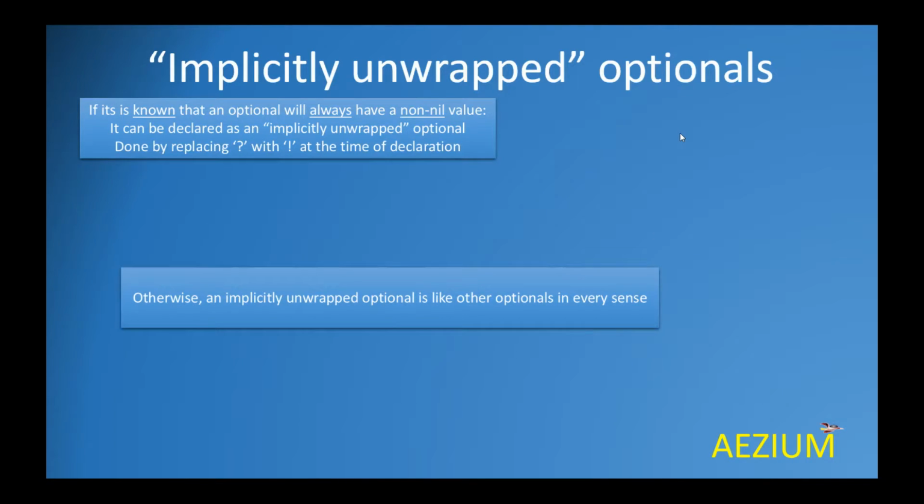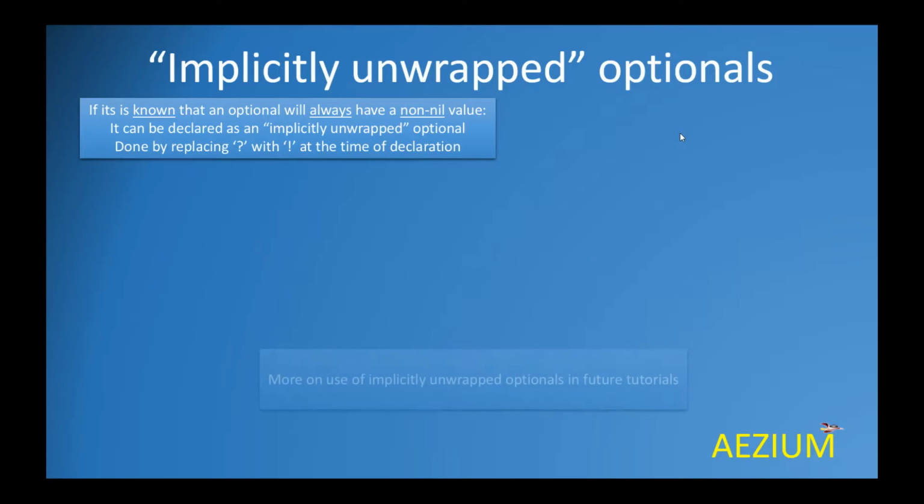Apart from that, an implicitly unwrapped optional is exactly the same as an ordinary optional in every sense. We will be talking about implicitly unwrapped optionals and their use in Swift in the future tutorials in some more detail.